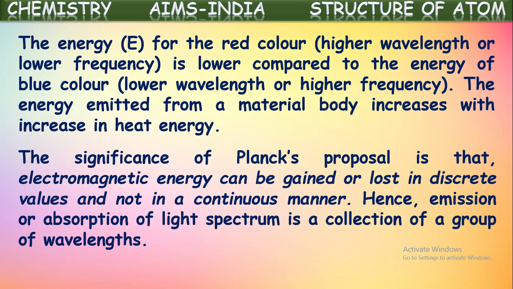Hence, the emission or absorption of light spectrum is a collection of a group of wavelengths. That is why it won't be continuous. Even the emission spectrum or absorption spectrum of light is a collection of a group of wavelengths. It is not all together.